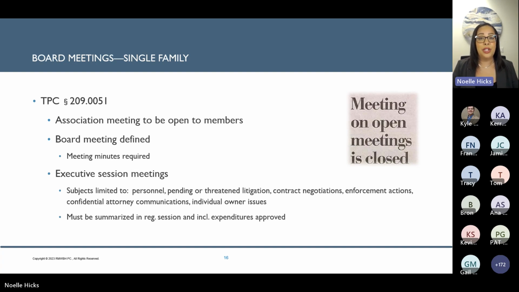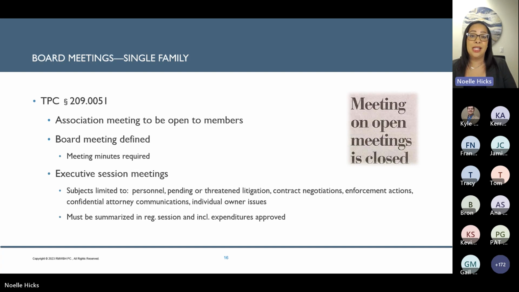Now, if the board is going to adjourn into executive session, there are certain things that should be discussed during that executive session. Things like personnel issues, pending or threatened litigation, contract negotiations, enforcement actions, confidential attorney communications, and any specific individual owner issues. Those are items that should not be discussed during an open forum because they require a little bit more privacy and more confidentiality.